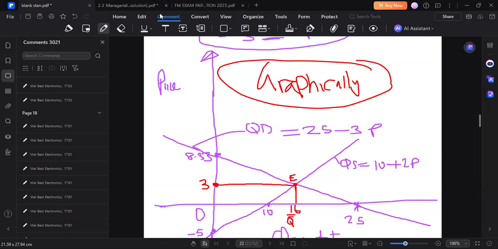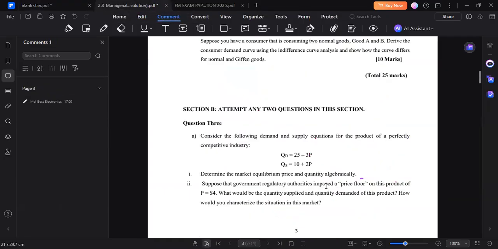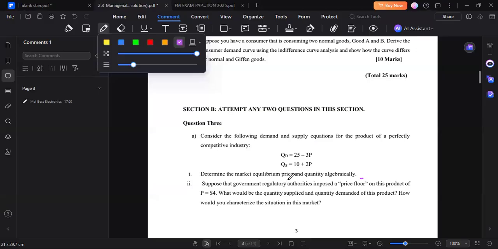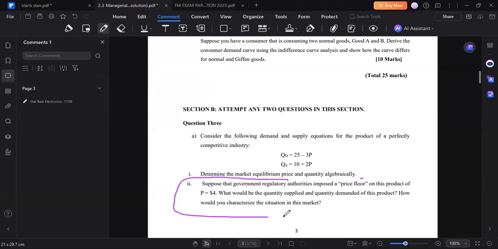So the situation now is they are simply saying, check what would happen if the government imposed a price floor on this product of 4. What would be the quantity supplied and the quantity demanded of this product, and how would you characterize the situation in this market?